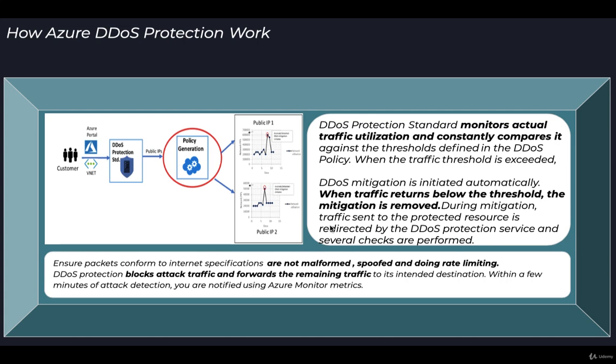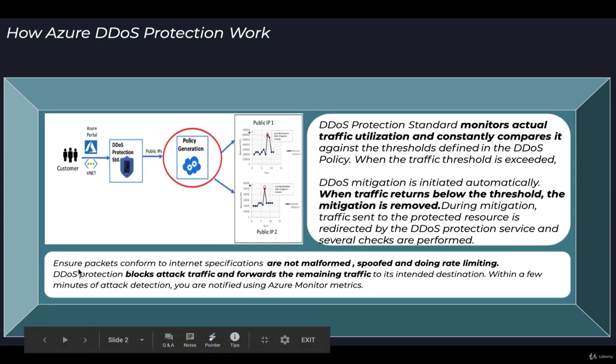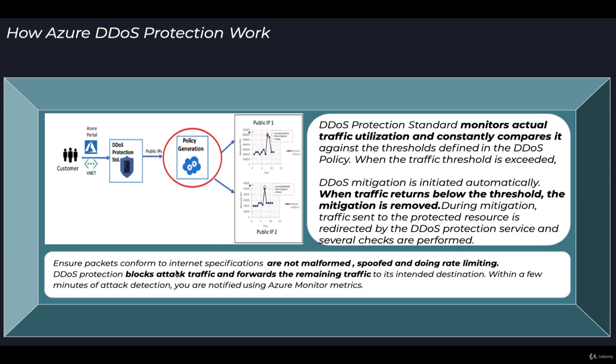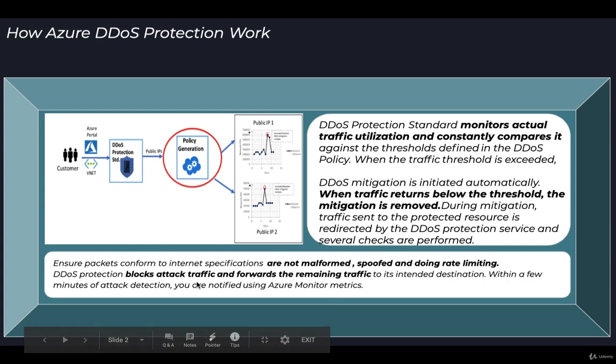During the mitigation, traffic sent to the protected resource, be it a virtual machine or load balancer, is redirected by the DDoS protection service. Several checks are performed: it ensures that packets conform to internet specification, that they are not malformed, not spoofed, and it does rate limiting as well.